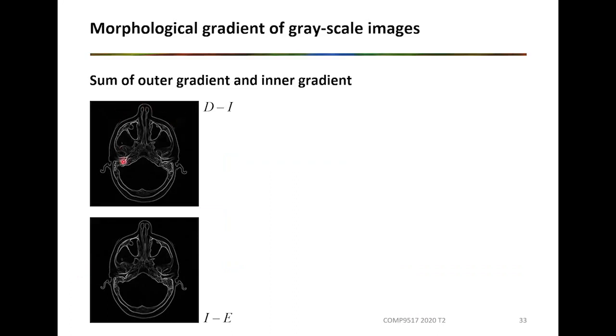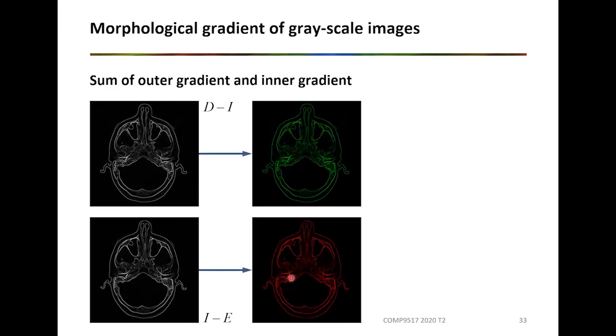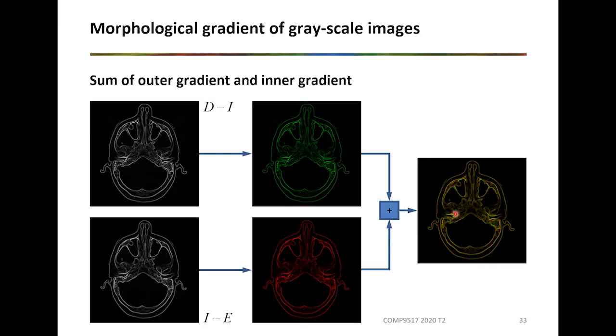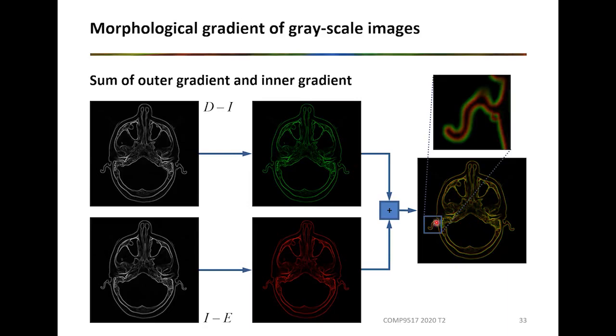If we color code this image in green and this image in red, and we would overlay the two images, you can nicely see the outer and the inner edges. If you zoom in, for example, on the ear here, you can see that the edge pixels from this image are the outer edge pixels, and the pixels from this image are the inner edge pixels.